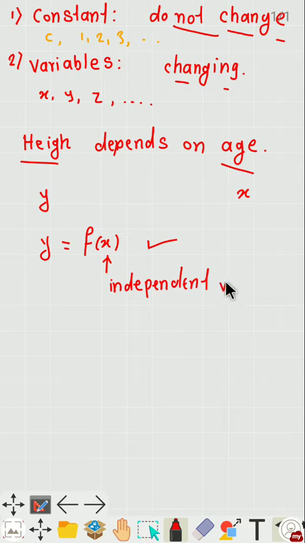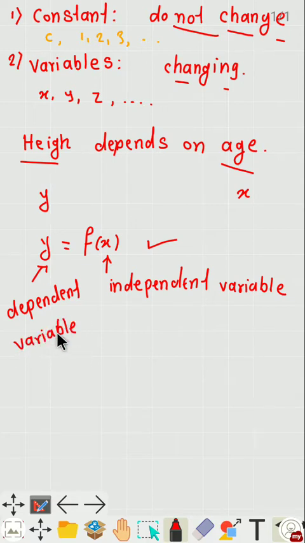Independent variable. And y, meaning height, is called the dependent variable, because height depends on age.